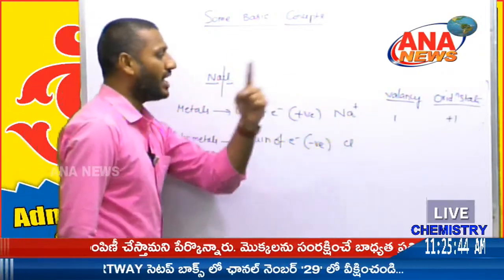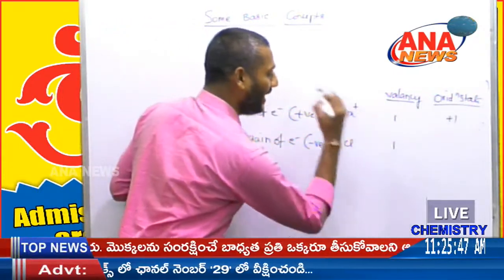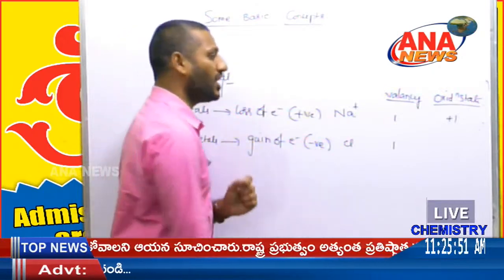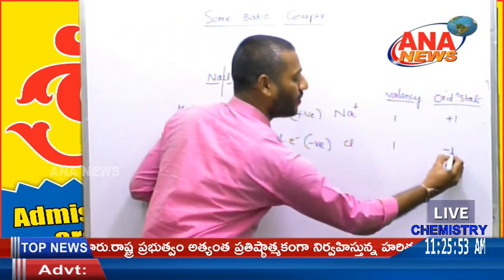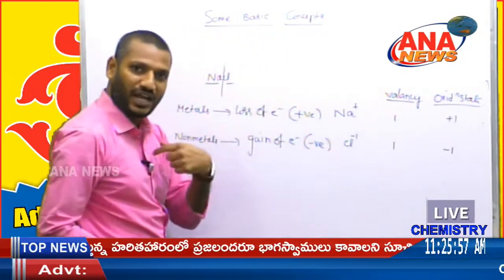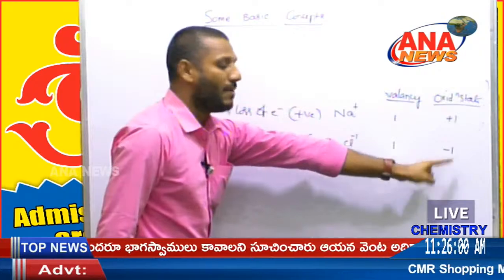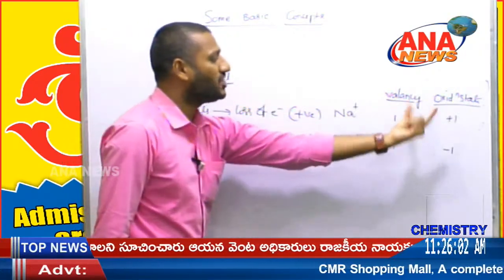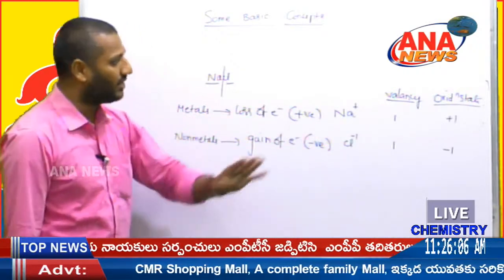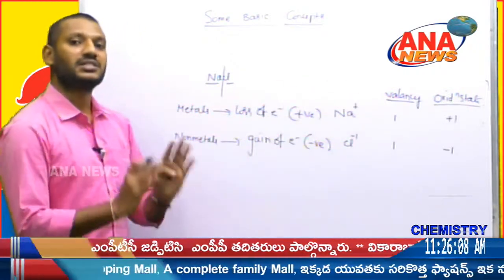That's why chlorine has a valency of 1, because only 1 electron is gained. Based on the gain of electrons to get a negative charge, chlorine exists as -1. So how can you differentiate valency and oxidation state? Valency has no sign, but oxidation state has a sign.